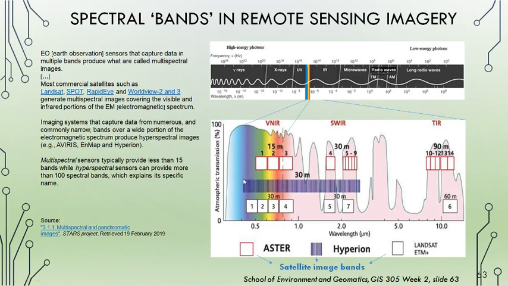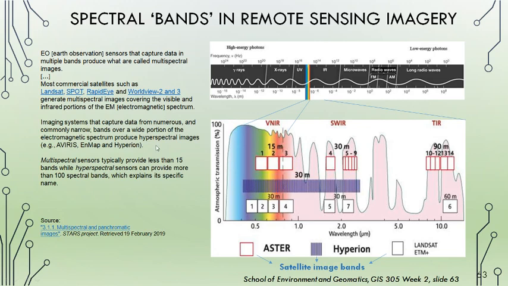These bands, denoted by these narrow blue stripes, are all separate bands, so separate images that are captured by the Hyperion satellite sensor. There are literally hundreds of these over this portion of the electromagnetic spectrum, and that's a totally different kind of image. And that is called hyperspectral images.